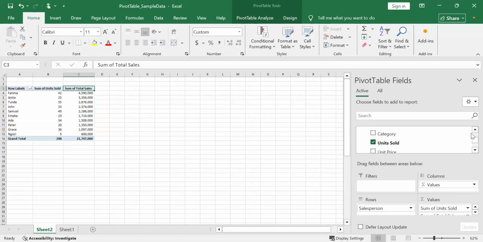Is that 49 or somewhere? Yes, there is 49. That means 49 is the most unit sales, but it's still not compared to what Fatima did. So Fatima is still the one generating more revenue.